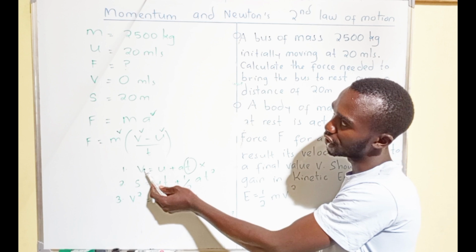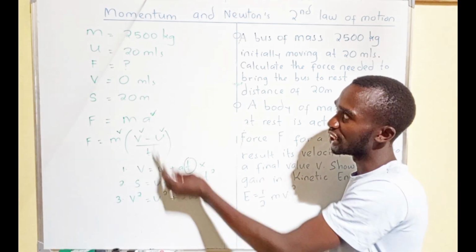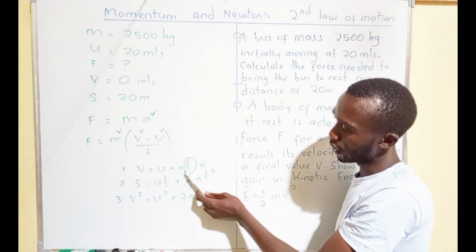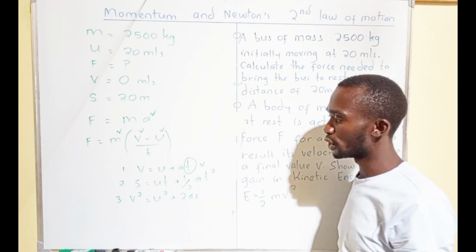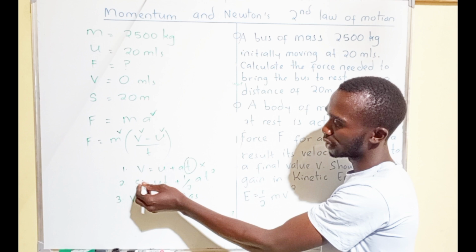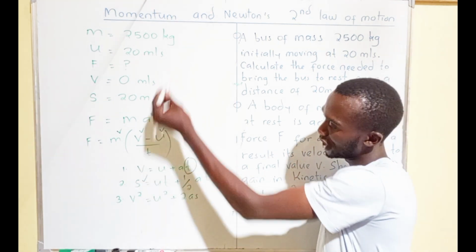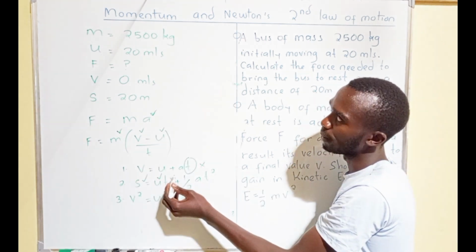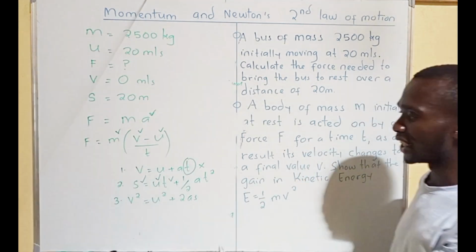So the first equation is not going to help us because we don't have time. The final velocity is there, the initial velocity is there, but we don't have acceleration or time. For equation 2, the displacement is there, we have the initial velocity, but we don't have time, and we are looking for the acceleration.